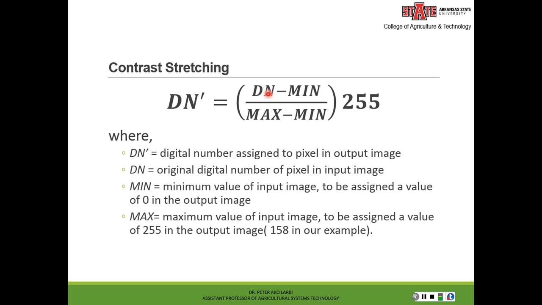DN is the original digital number or the original pixel value, minus the minimum pixel value, and then we have that divided by the maximum pixel value minus the minimum pixel value. When we multiply this by 255, we stretch it to the full range.